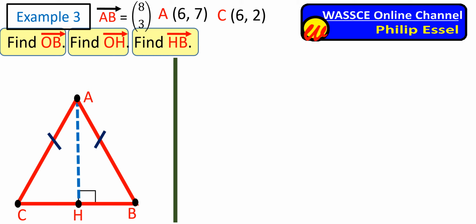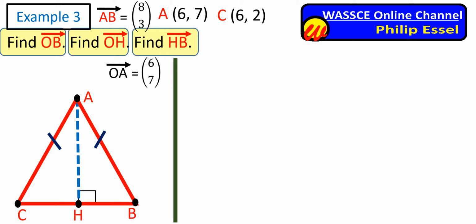Before we start with the solution, let's convert the point A to its position vector OA. When we do this, we would get the position vector OA to be equal to (6, 7). Let's also convert the point C to its position vector OC.